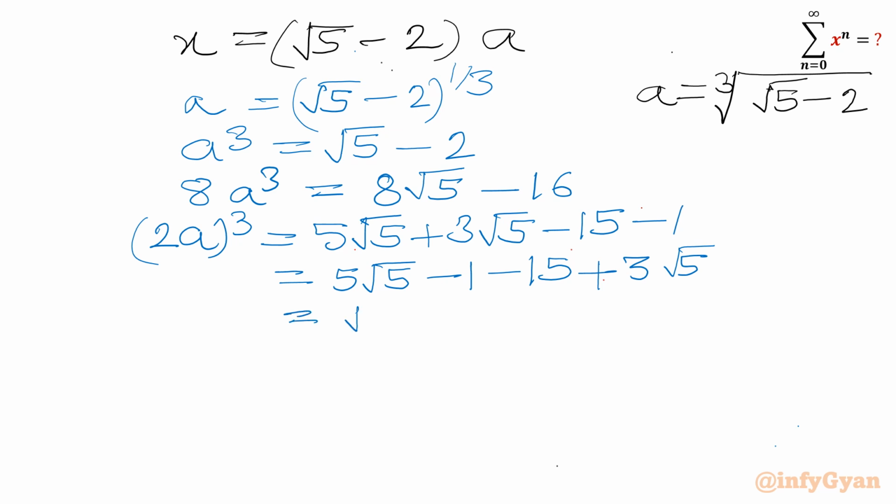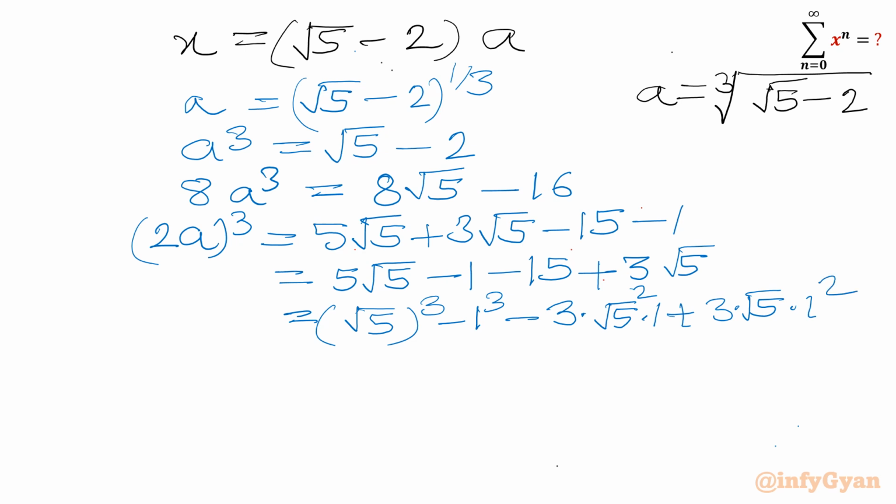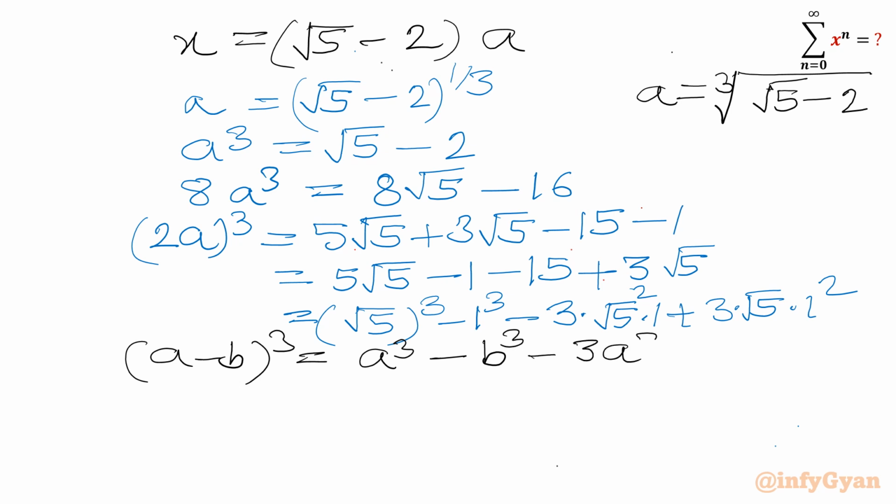Now 5√5 is (√5) whole cube. 1 is 1 cube. Then we can write 3 times √5 squared times 1 plus 3 times √5 times 1 squared. So it is recalling one algebraic identity: (a − b) whole cube is equal to a cube minus 3a squared b plus 3ab squared minus b cube.